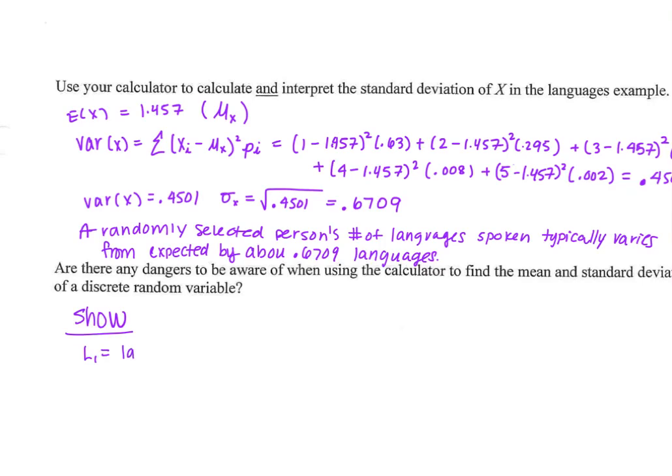L1, and then label the variable, like write out what variable you put into L1. L2, write that you put probability of X into L2. Write that you used one variable stats. List what X bar equals. List what standard deviation equals. Show all your work and you won't lose a lot of points.